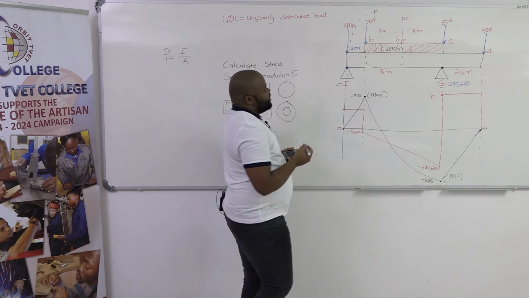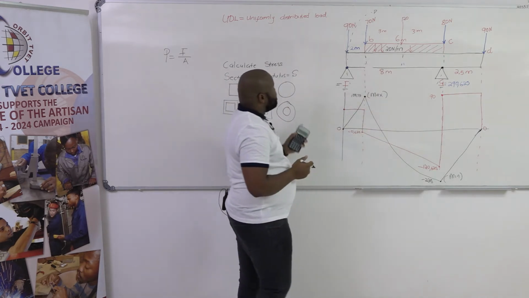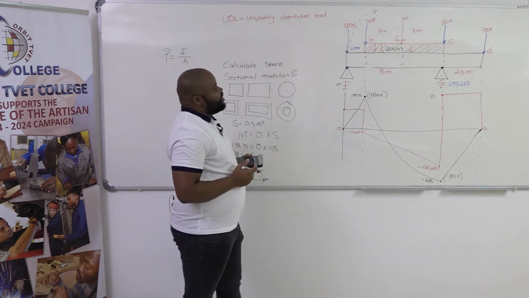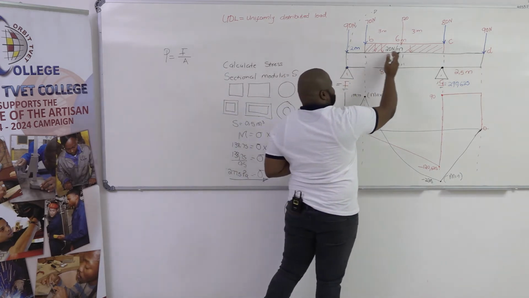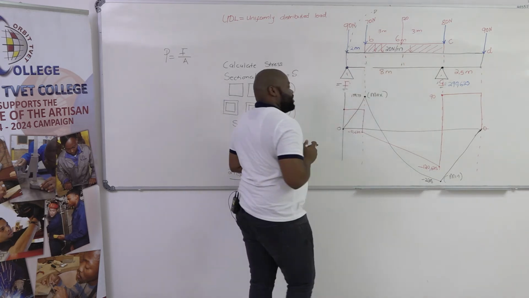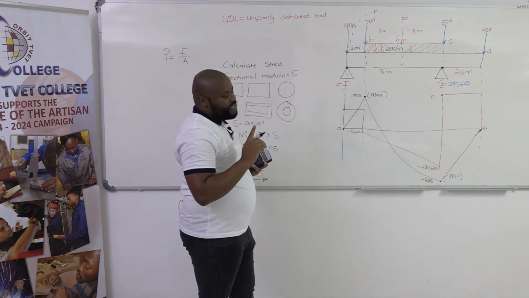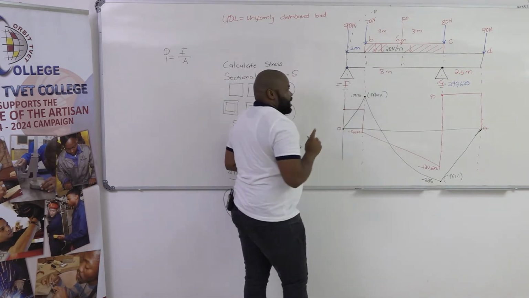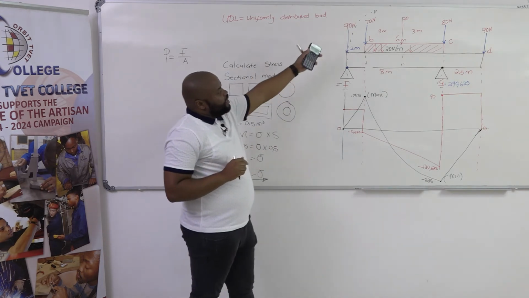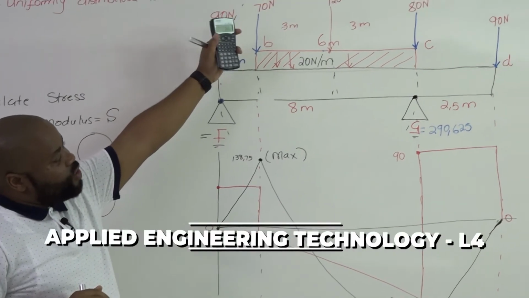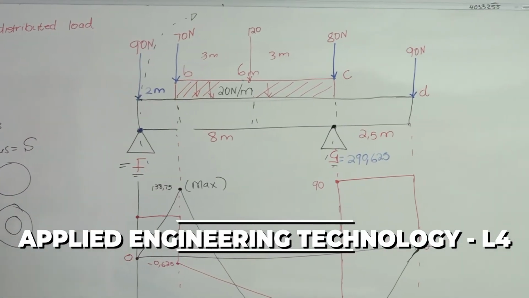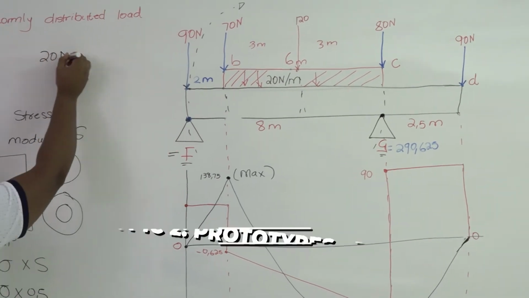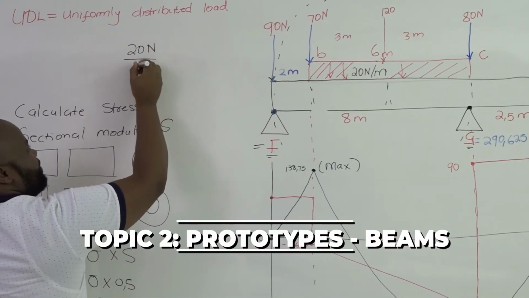Then our UDL, a uniformly distributed load, acts for a distance of 6 meters. But for every meter, you've got a force of 20 newtons being applied. That's what gave birth to that amount of 120.